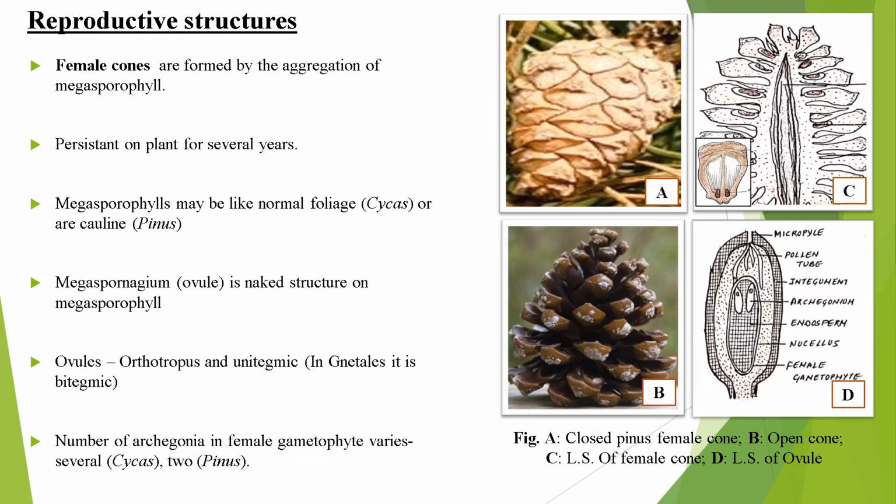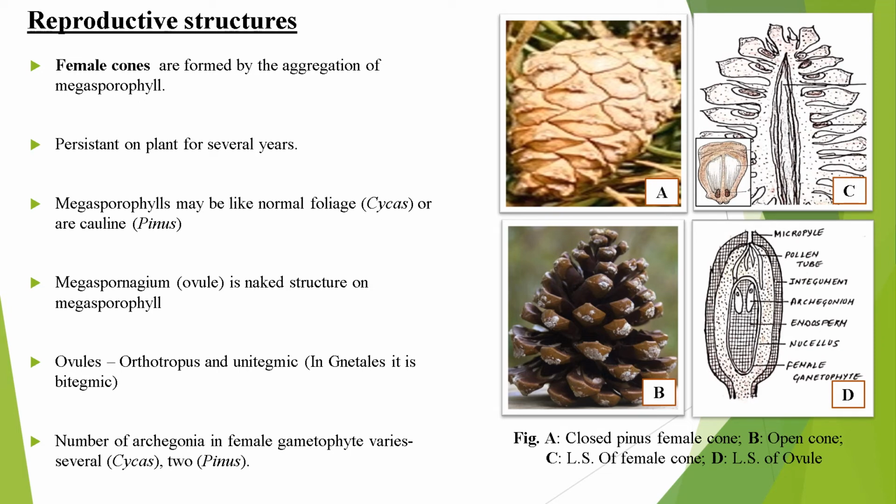Each megasporophyll bears ovule or megasporangium that are naked, orthotropous and unitegmic. That means, unlike angiosperms, these are not enclosed within the ovary and are upright, straight, with single protective layer of integument. It is represented through figure D.